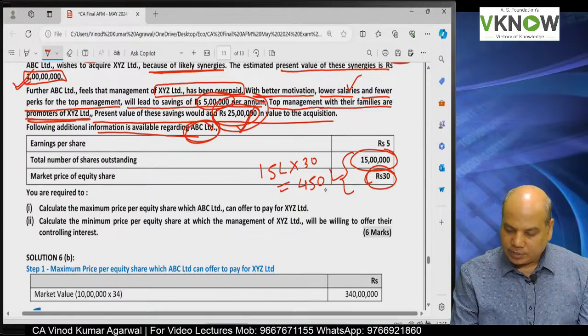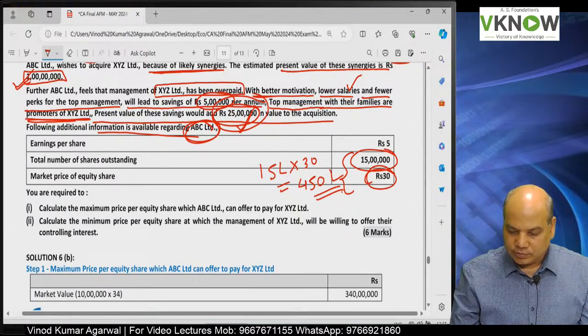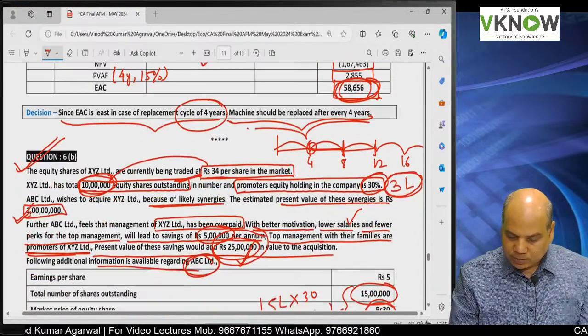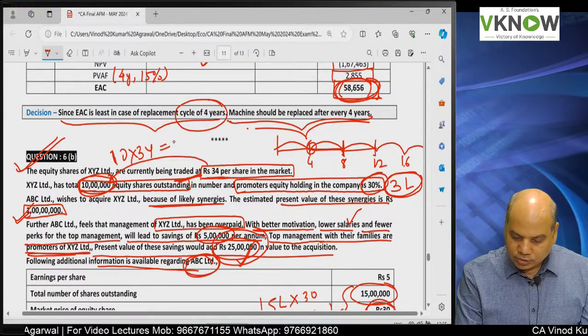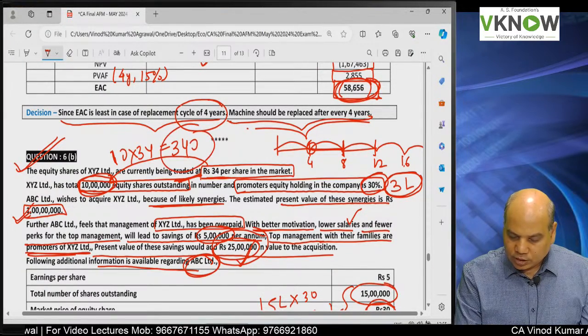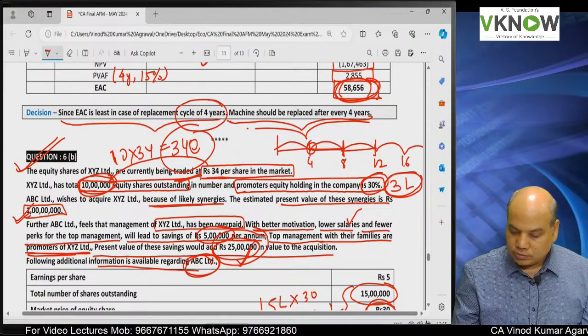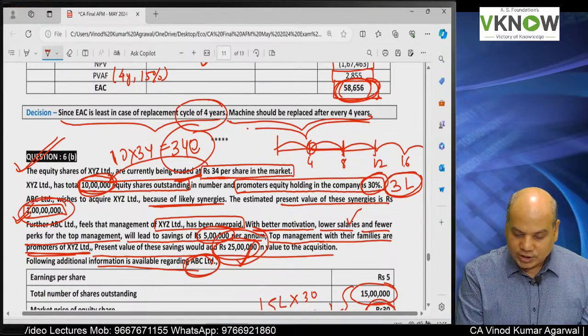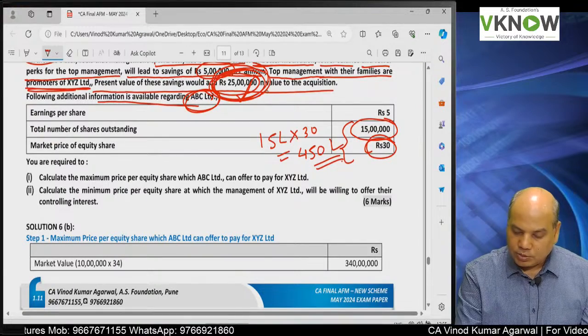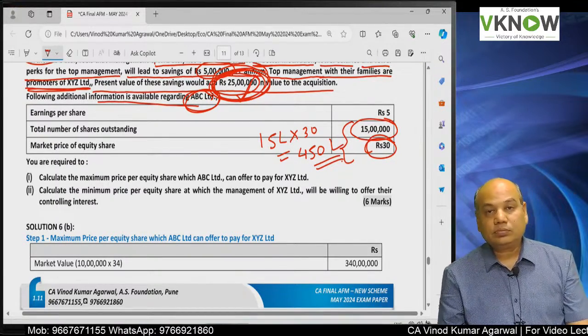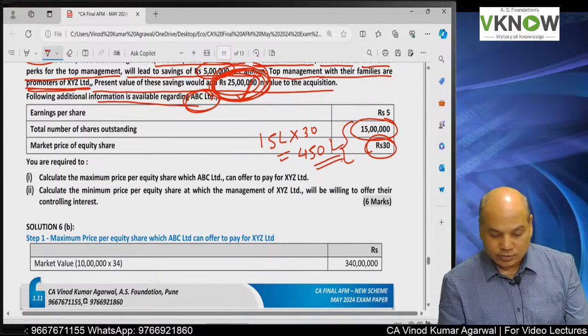And the market capitalization of XYZ is 10 into 34, 340 lakh. If the two companies merge, there will be 1 crore rupees extra because of synergy and 25 lakh rupees extra because of reduction in salary.